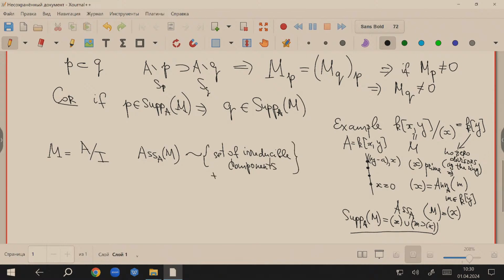And plus something else, which is finite. I shall specify what I mean, but it will require some time.